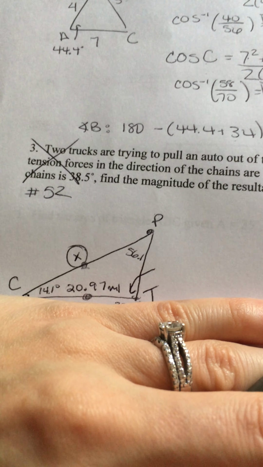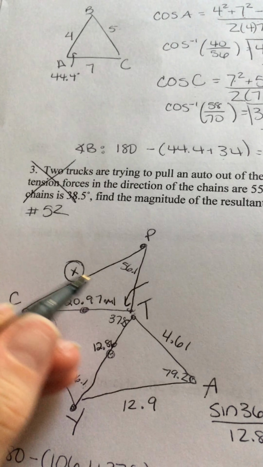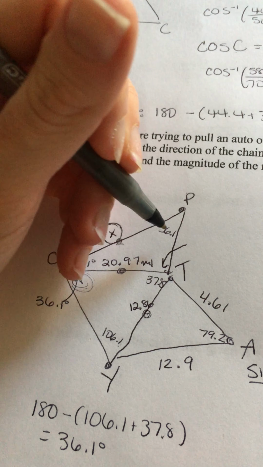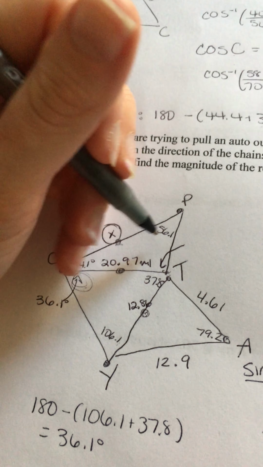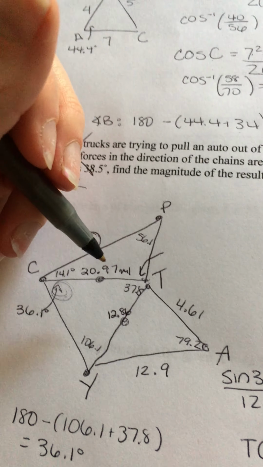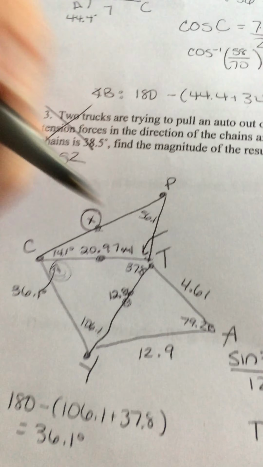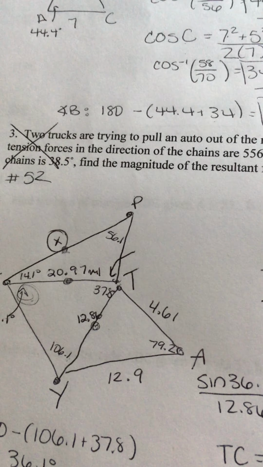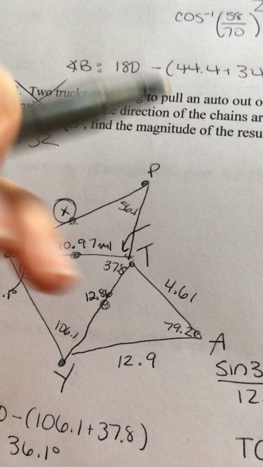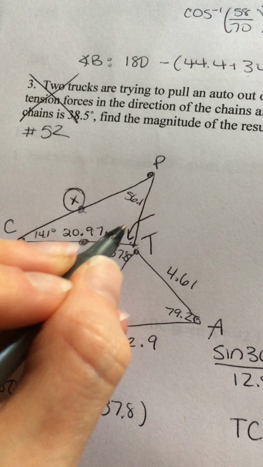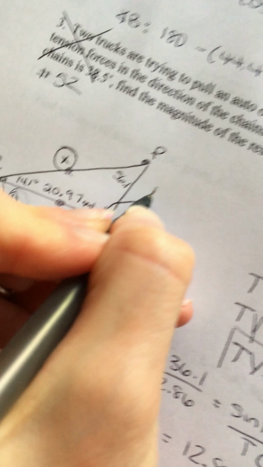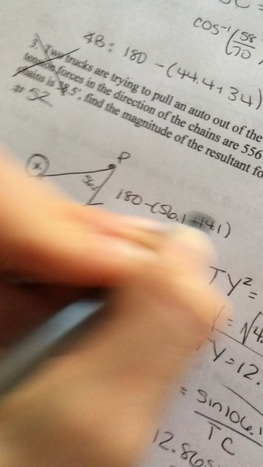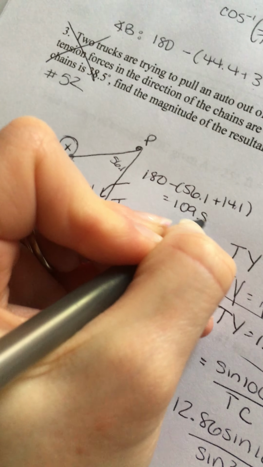That will complete all the angles in that triangle, and then that will give me the pair I need, and this 20.97 gives me a pair with 56.1. If you have two pairs, you can use the law of sines, with one pair being complete. And we don't have to worry about the ambiguous case because we're not using it to find an angle. So I'm going to find this angle right in here. It's going to be 180 minus (56.1 plus 14.1), and that's 109.8 degrees.